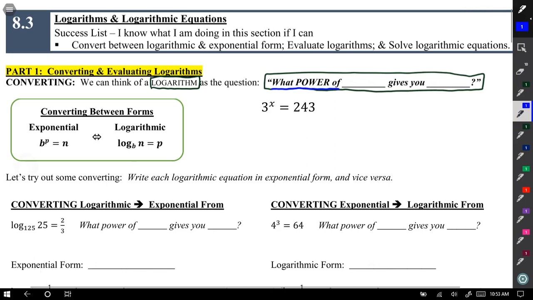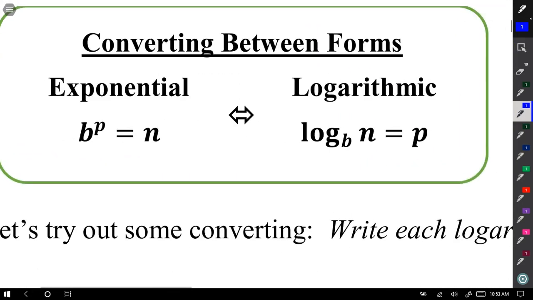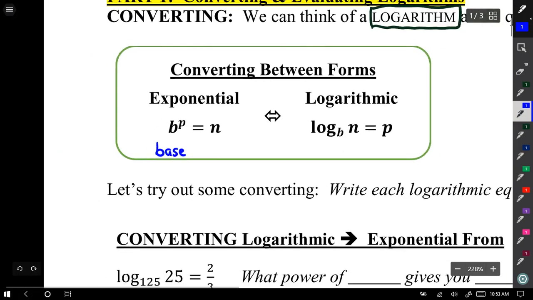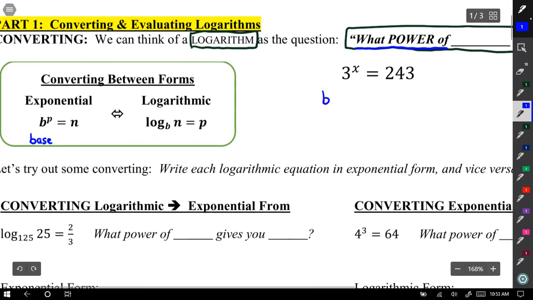And so if I have the converting between exponential and logarithmic forms here, now I'm using different variables than some other teachers, and I'm doing it for a reason. I'm doing it because I want to use b, because b is your base. So if I look at the example to the right, my base is 3. And then I have p, and I'm using p for power.